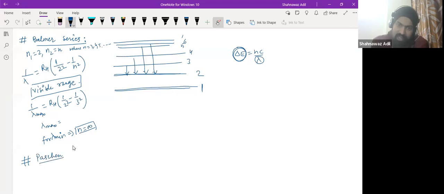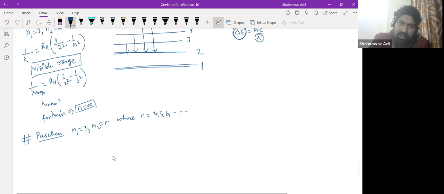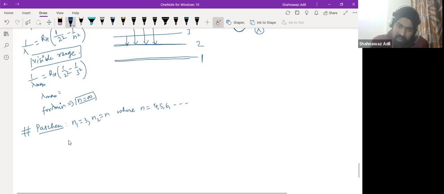I will write directly that for Paschen, n1 is 3 and n2 is n, where n goes from 4, 5, 6, and so on. So 1 by lambda would be RH (1 by 3 square minus 1 by n square).